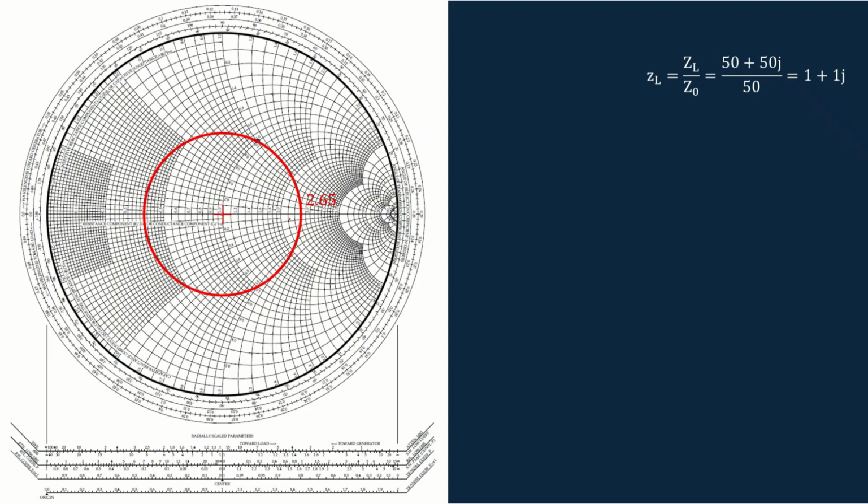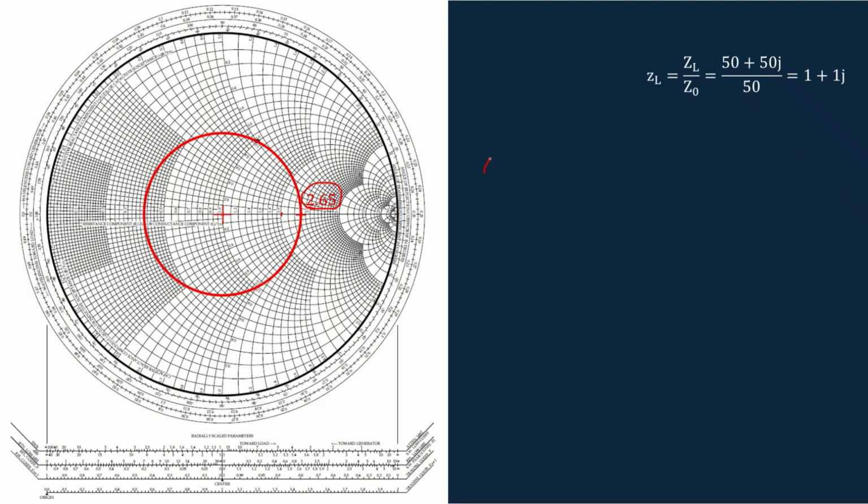Here you can see the intersecting point on the pure resistance line. This is 2, 2.2, 2.4, 2.65. This value, the intersection point, gives the VSWR.